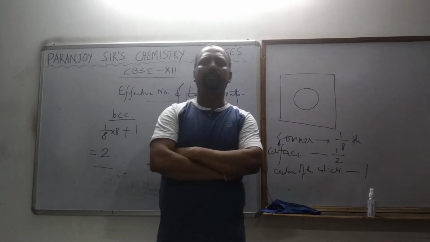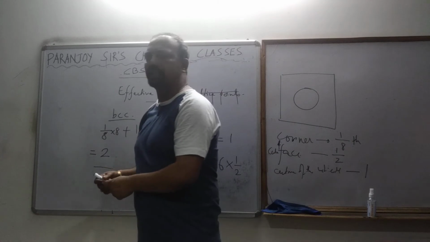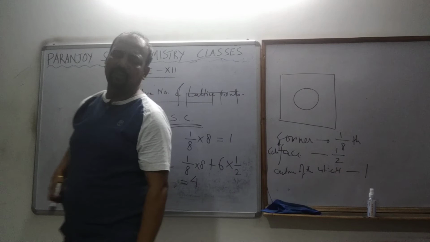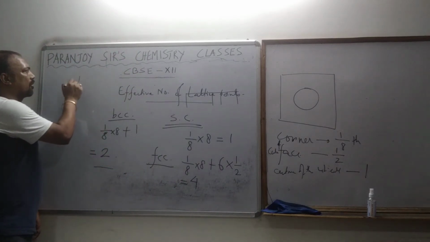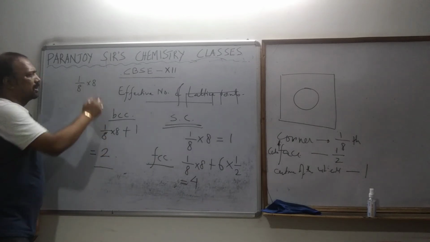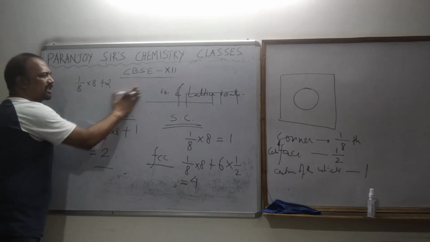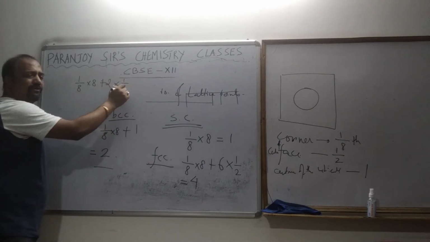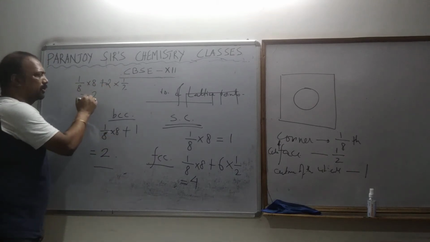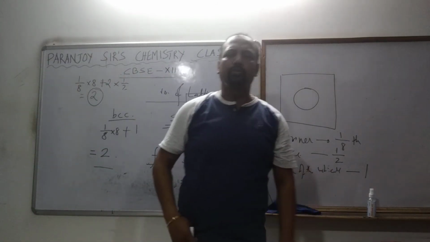End centered means 8 corners, and 2 are in the opposite faces. 8 corners means 1/8 into 8, that is 1, plus 2 in the opposite faces, only 2 faces, not 6. 2 into half, since a face means half, that is 1. So 1 plus 1, that is 2. The effective number for the end centered is also 2.